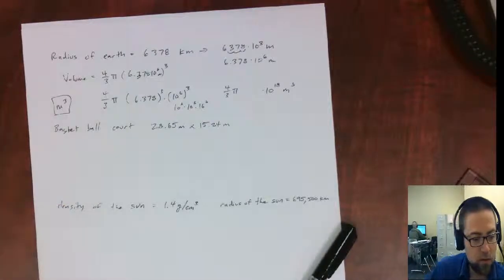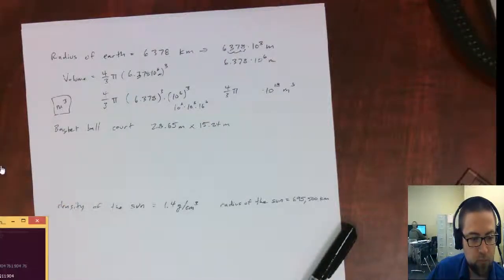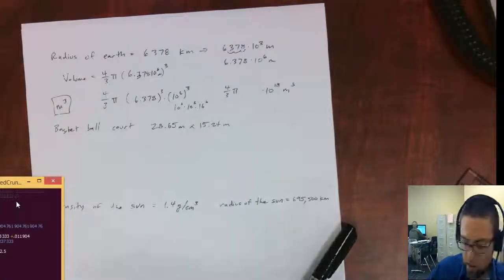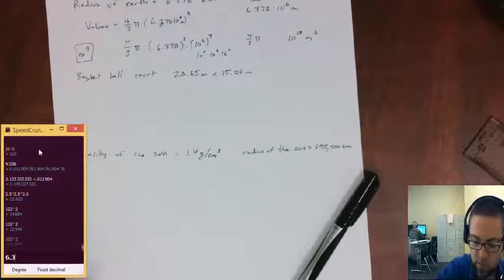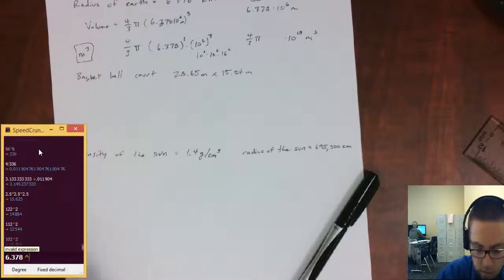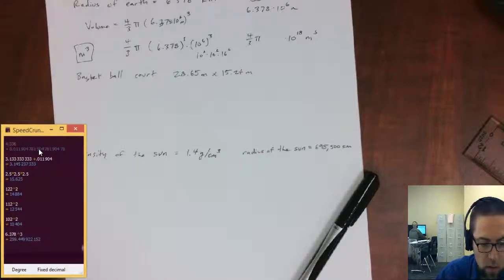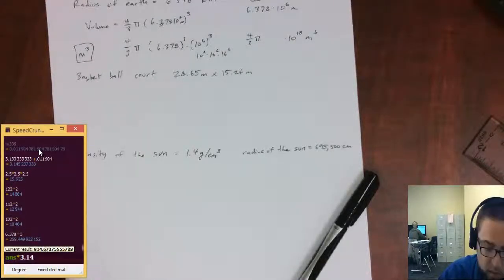All right, so let's grab the calculator. 6.378 cubed is 259. I'm going to go ahead and multiply it times pi, 3.145, and then multiply that also by 4/3, so 4 divided by 3.